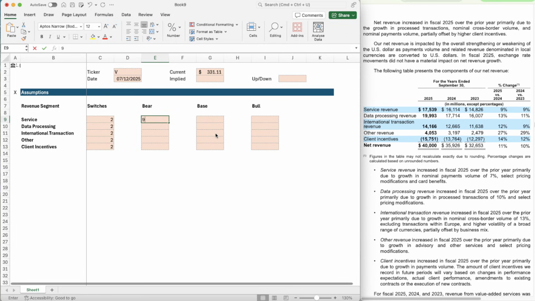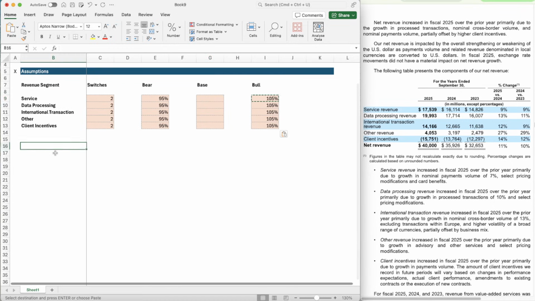And we'll put the bear case at 95%. This will all make sense as we build out this model. And these we'll look at what comes out, and then we'll decide what we're going to forecast the final year growth rate to be.